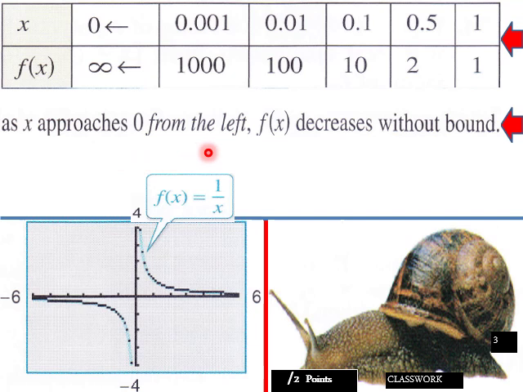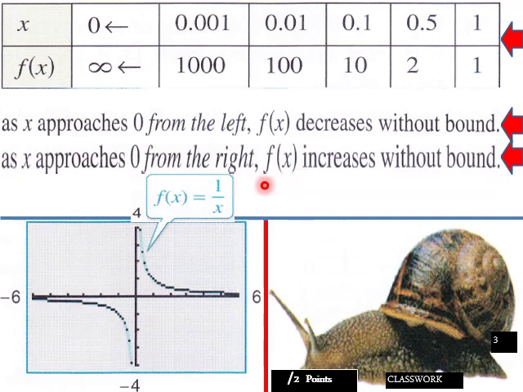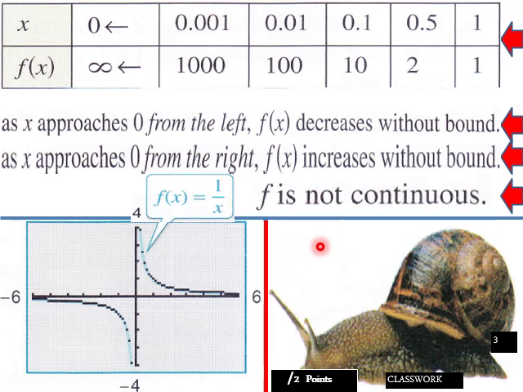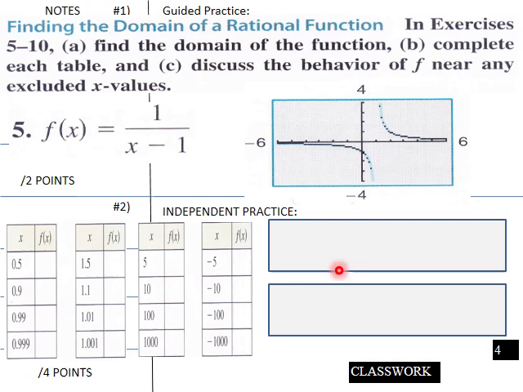So as x approaches 0 from the left, f of x decreases without bound, and from the right, f of x increases without bound. So you have this situation here and that situation there for f of x equals 1 over x. And then f would not be continuous here. Just by looking at your graph, you could tell that.